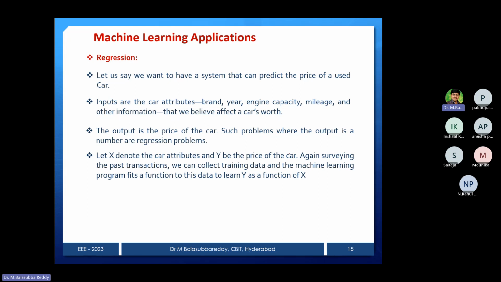And X may not be one attribute. It consists of a huge type of data; all these come under the X attributes. We can collect the training data, and the machine learning program fits the function. In all cases, remember one thing: it will create a function.